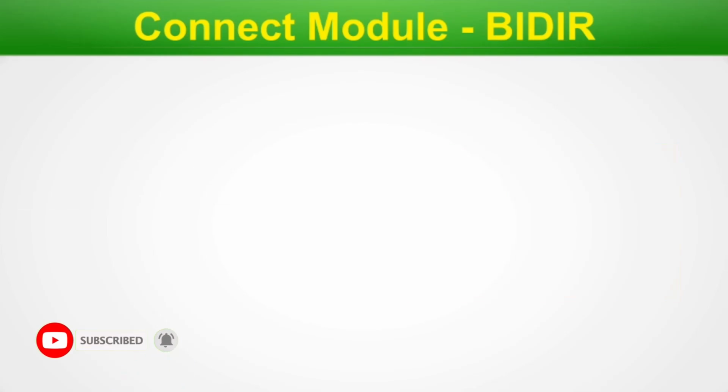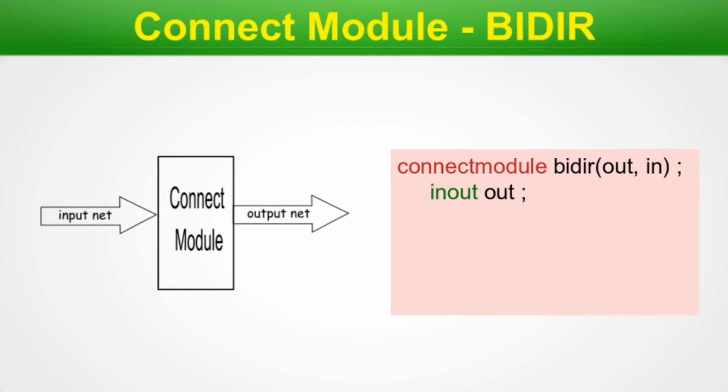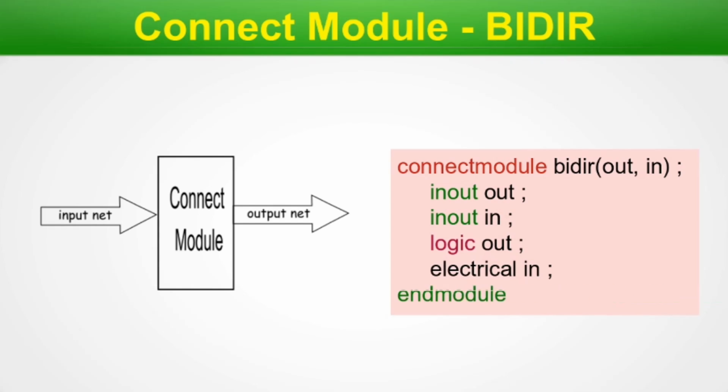Let's talk about the bidirectional, that is BD, connect module. Let's see what the structure is. We have inout, both for input and output. So it can be bidirectional. So the logic is out and electrical is in, and the module ends with end module.